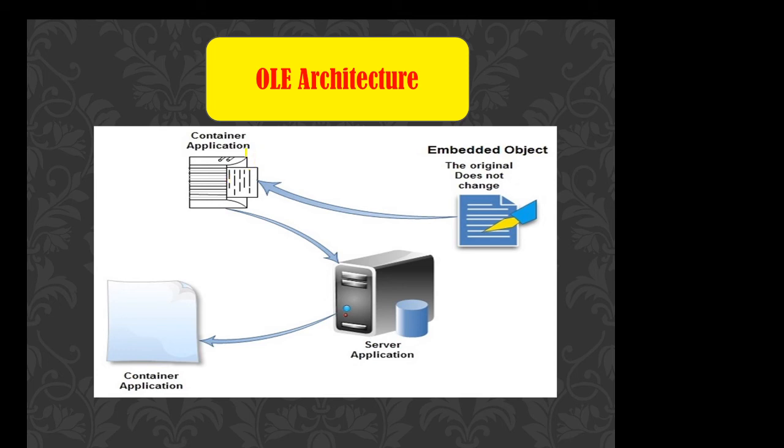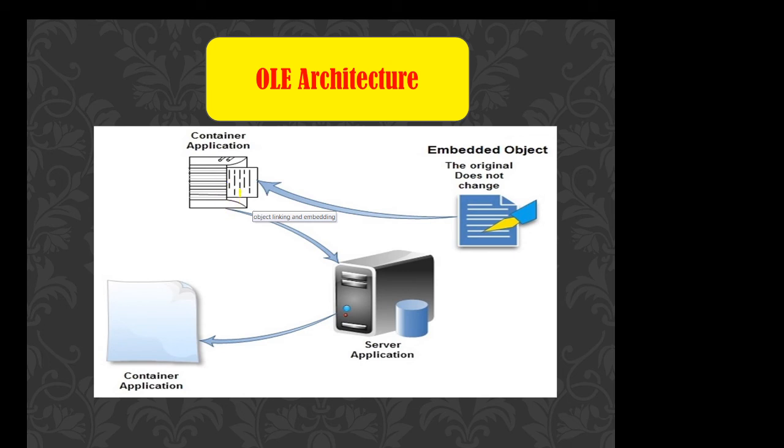As I told you earlier, this is the client application side, and this is the source application. So we retrieve the data from your embedded object. The original data is here, and a copy of the data is moved into the client application.